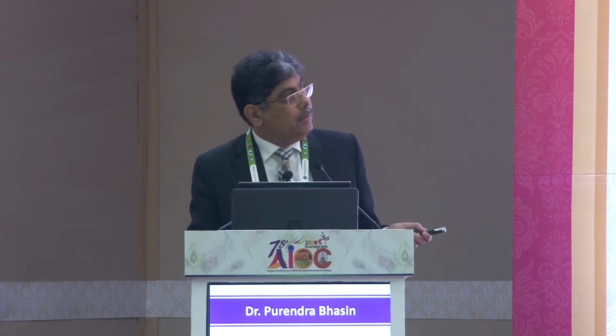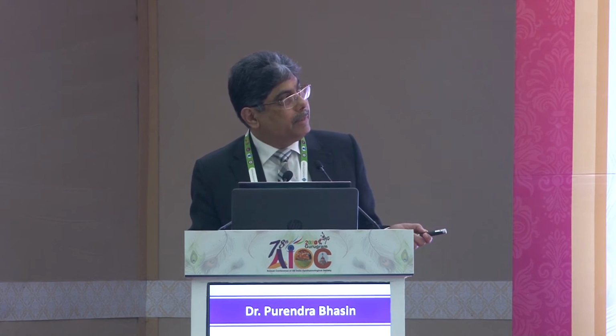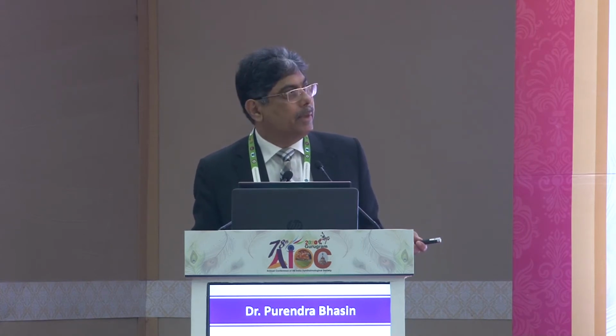It comes in the range from minus 0.5 diopters to minus 18 diopters, and in toric also it is the same, and the cylindrical power we can correct is from 0.5 diopters to 6 diopters. Hyperopic lenses are also available, but their use is limited because the anterior chamber depth is an issue.